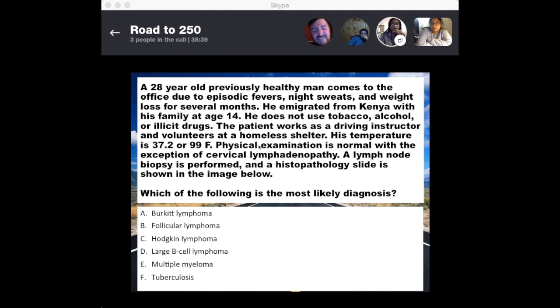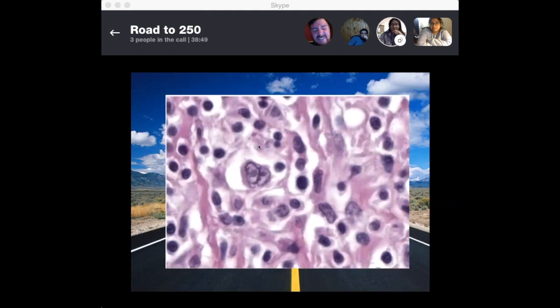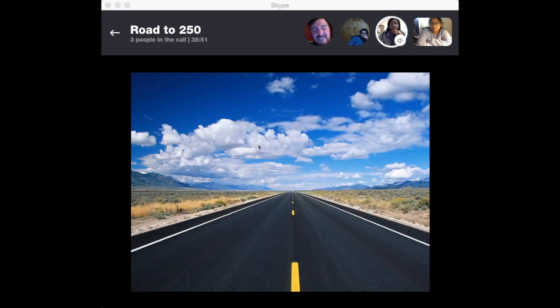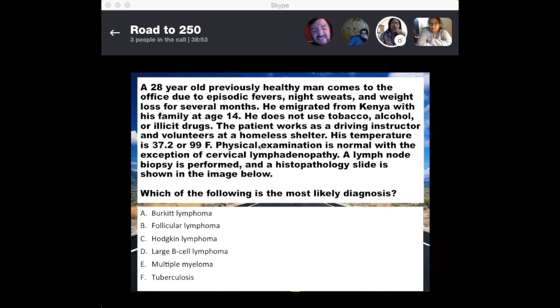A lymph node biopsy is performed, and a histopathological slide is shown in the image below. I will show you that in a second. There it is. Which of the following is the most likely diagnosis? A, Burkitt's lymphoma, B, follicular lymphoma, C, Hodgkin's lymphoma, D, large B-cell lymphoma, E, multiple myeloma, F, tuberculosis.